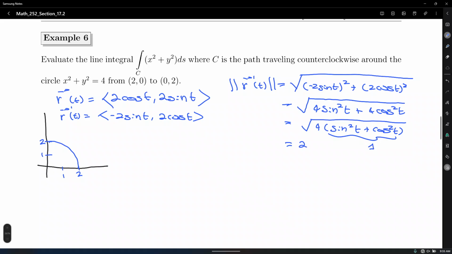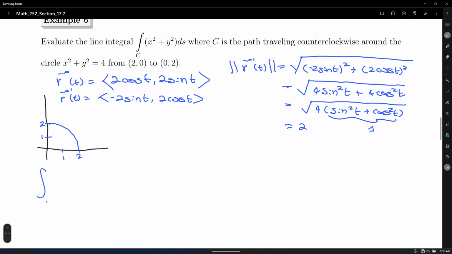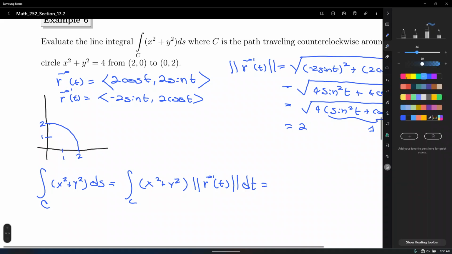So we're ready to set up the line integral. That is the integral along the path C of x squared plus y squared ds. Let's change this integral in terms of s to terms of t by multiplying by the magnitude of r prime of t times dt. And what's x squared, what's y squared? This one is going to be really simple because it takes us back to that Pythagorean identity.